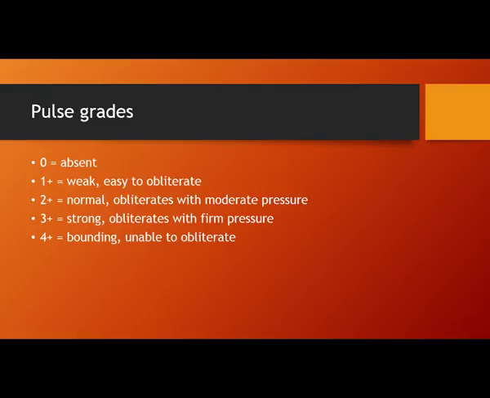And here we've got a 4-point grading system, which is a little different. 0 would be absent, and then 1+ would be weak and easy to obliterate. Most people are going to be 2. Could be 3, and that's still normal. But 4 would be abnormal, abnormally bounding and unable to obliterate.